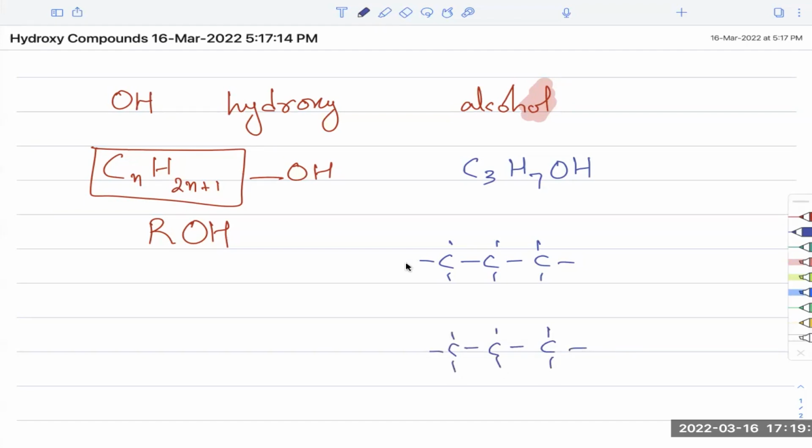I could place OH here, or here, here, here, here, or here, and all of those will still be propane 1-ol. But there are 2 sites where I could put OH, this one or the one on the other side, where it will become prop 2-ol. So this is positional isomerism, based on where the functional group is.